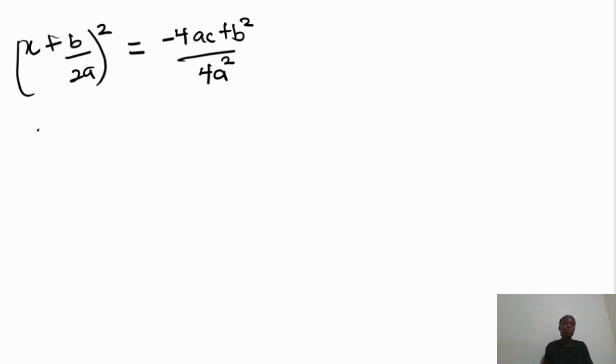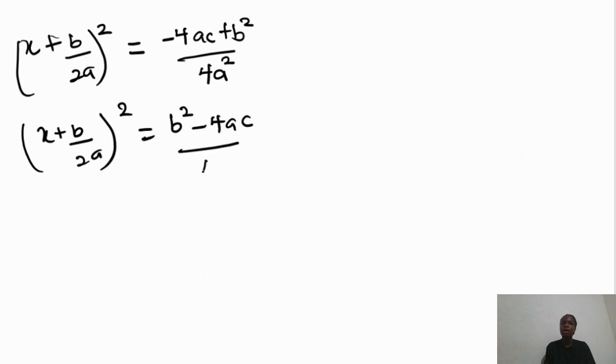Now we can write the right hand side as b squared minus 4ac all over 4a squared.